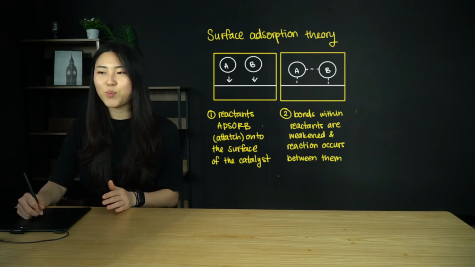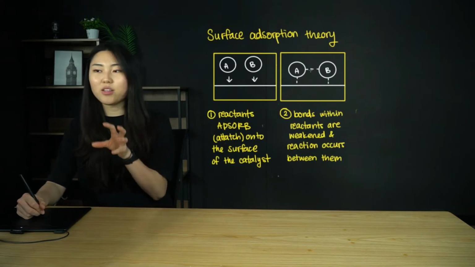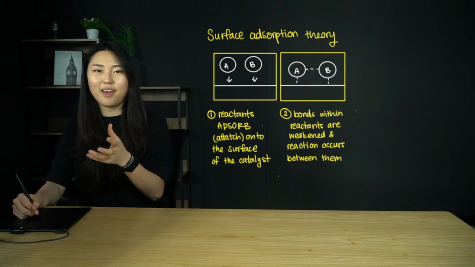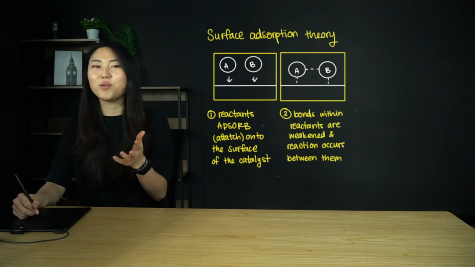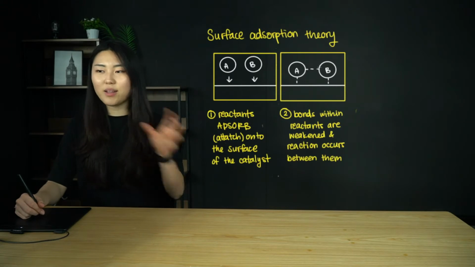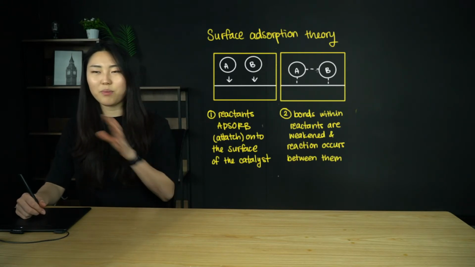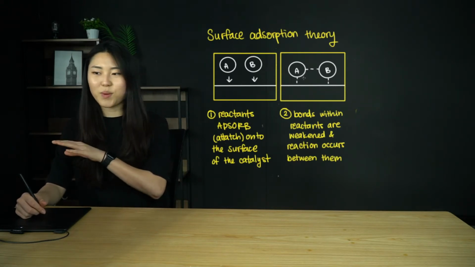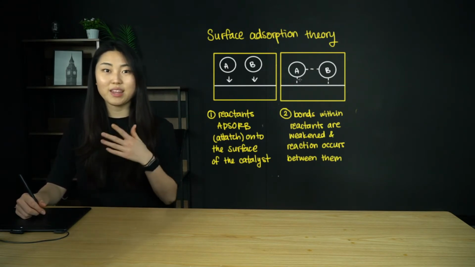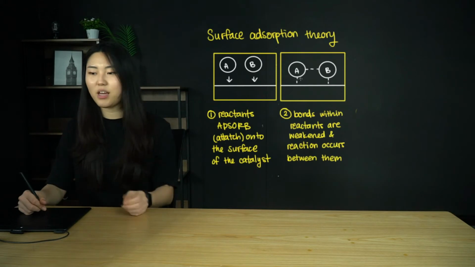It's the bonds within A and the bonds within B, so A and B could be molecules with different atoms in there, right? The bond inside A is going to be weakened and the bond inside B is going to be weakened as well, and therefore reactions can occur between A and B, okay?